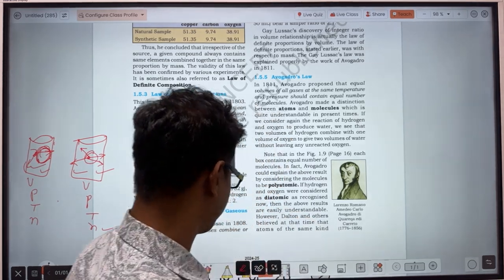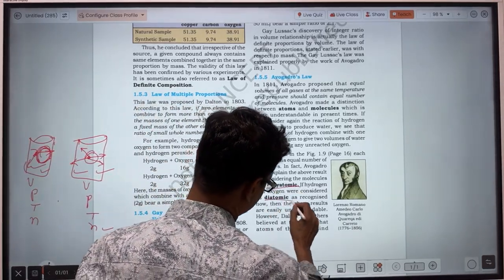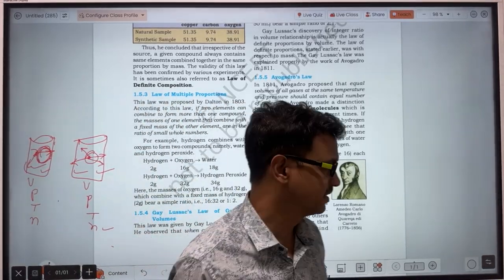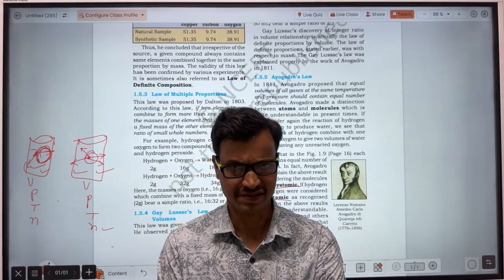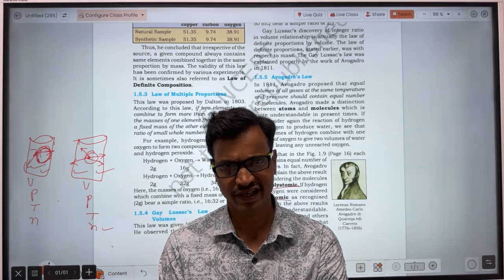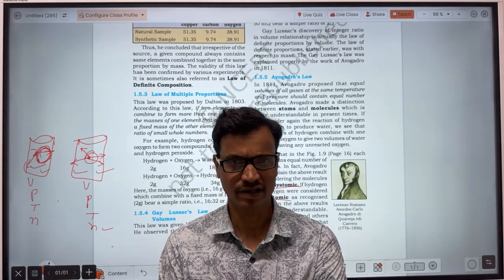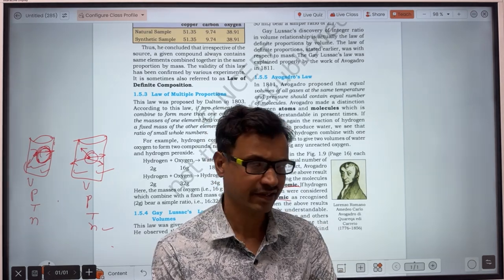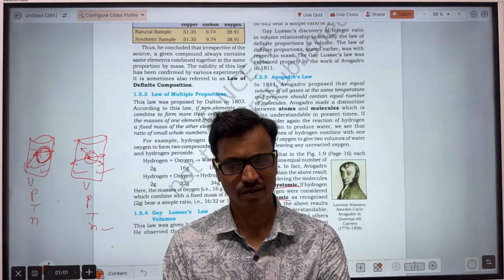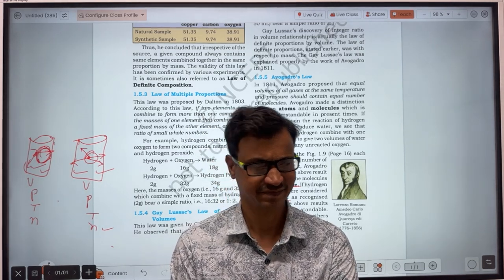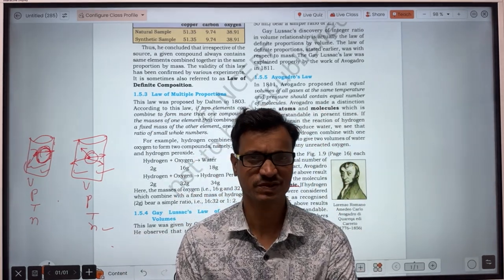Okay, but then after is about the polyatomic molecule and diatomic molecule. A polyatomic molecule means the molecule is made up of a number of atoms. And a diatomic molecule means in that molecule the number of atoms is 2.